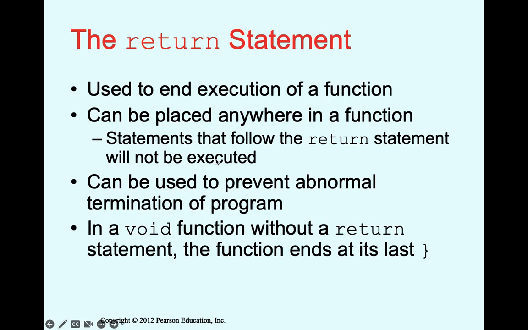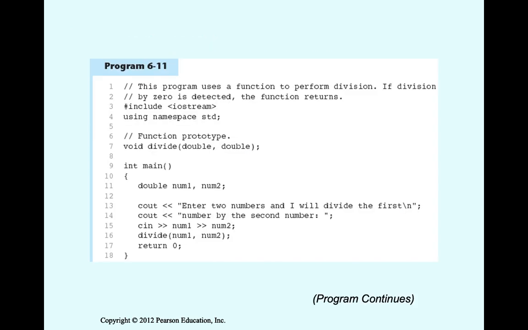Everything after return will not be executed. And this can be used for abnormal termination of the program, as we will see in the example. In a void function, you can write a function without return. In this case, it will just finish when you reach the end of the function.